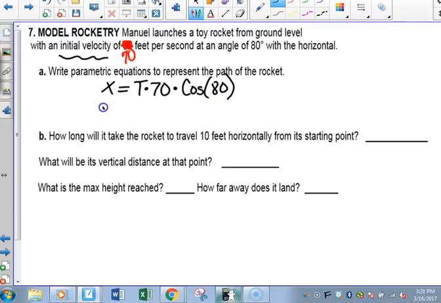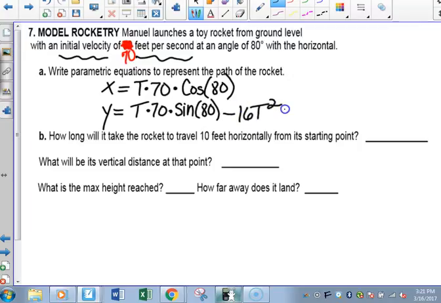I just think using 80 and 80 doesn't help you when you go to look at your notes to know which number went where. And this one is t v sub 0 sine of the angle, and then what? This is feet per second, so we're going to use 16t squared plus initial height, but what's the initial height here? Ground level, so 0, so you could leave that off when you put it in your calculator.